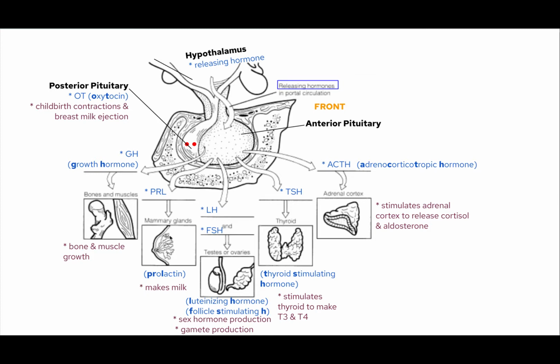Now, prolactin is what makes it. Oxytocin is what essentially ejects it from the body. And then the second hormone from the posterior pituitary is called ADH, antidiuretic hormone. And this one conserves water in your kidneys. If you had a problem with ADH, you would be incredibly thirsty and you would be urinating out a lot of water.